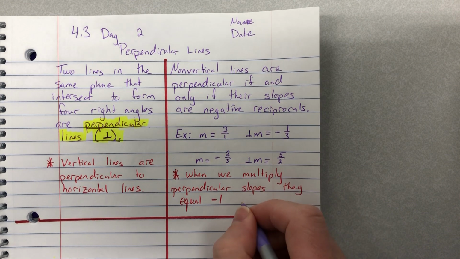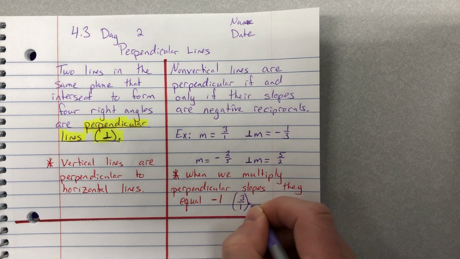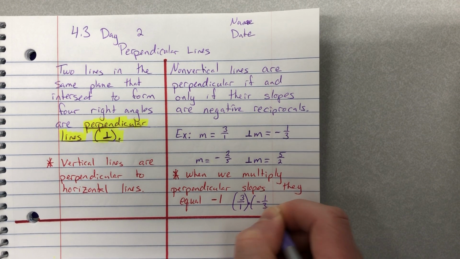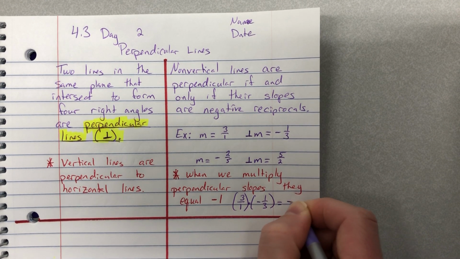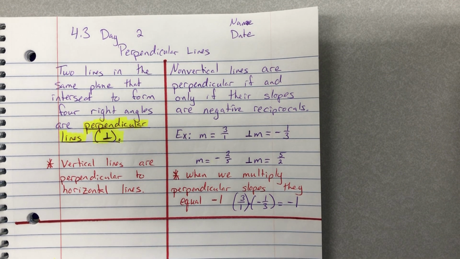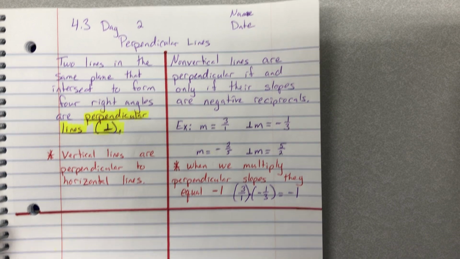Okay, and just to show you, if we did the first example here, 3/1 times -1/3 would equal -1. All right, that's just to show you how these would work here. All right, so now we're going to go into some examples.